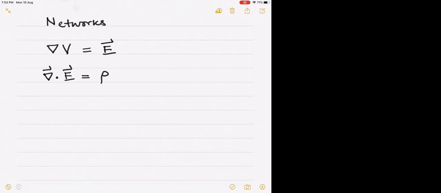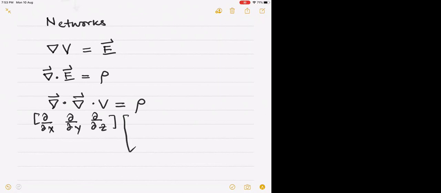Now, if we combine these two, what we get is divergence of grad of V is equal to rho. But divergence grad is the ddx operator, ddy operator, ddz operator acting on the ddx operator, ddy operator, ddz operator acting on V is equal to rho.